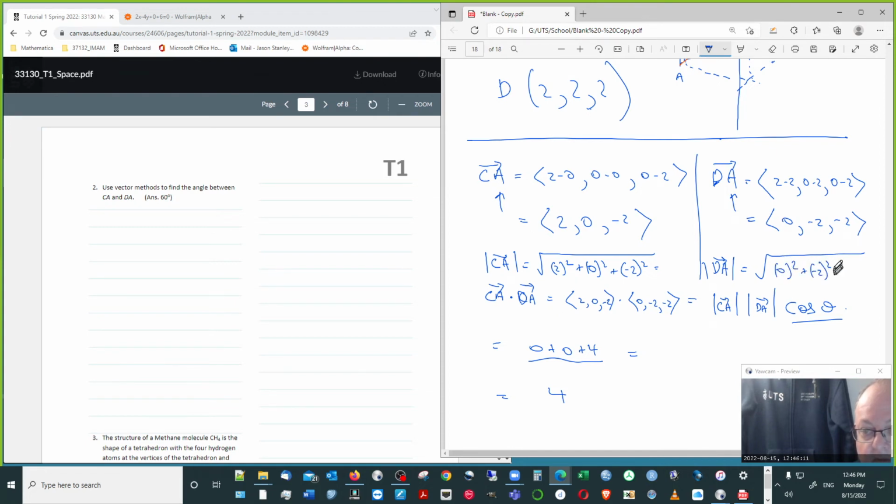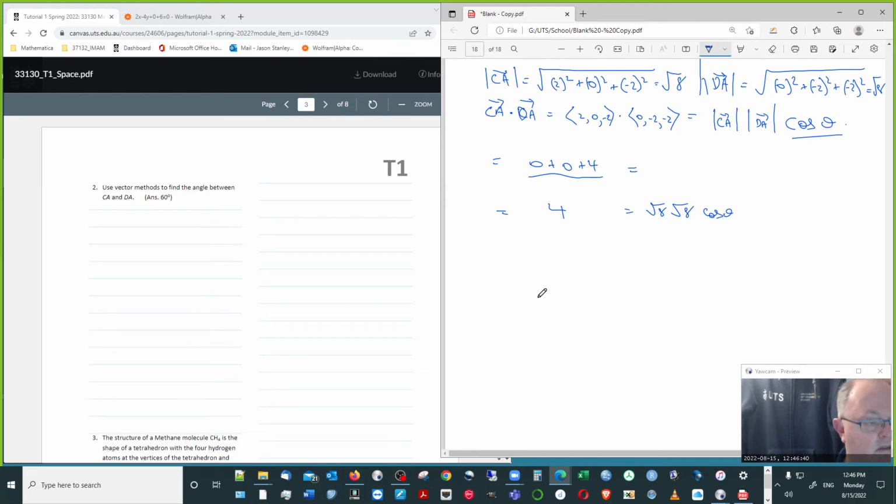Use of brackets. So what do we end up with here? 4 plus 4 is 8, so we get the square root of 8. And 4 plus 4 is the square root of 8. So we've got equal to the square root of 8 times the square root of 8 cos theta.